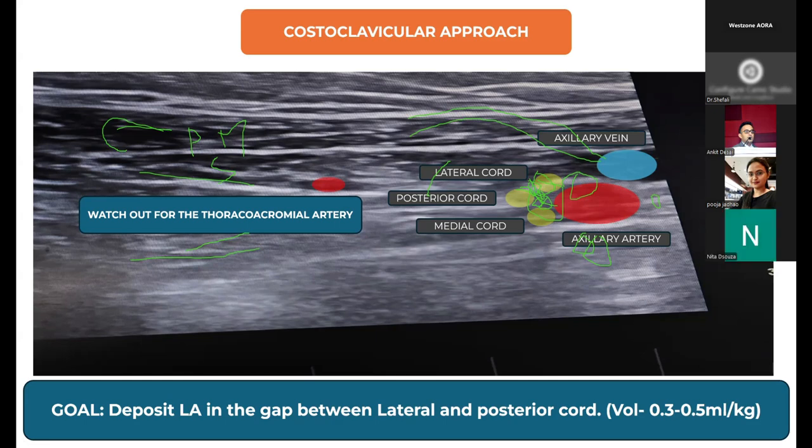How about forearm blocks in pediatric patients? Anybody practicing forearm blocks?